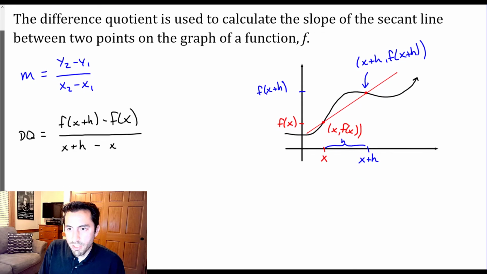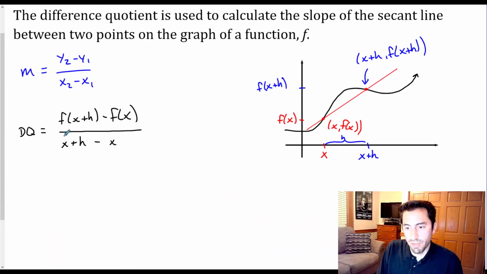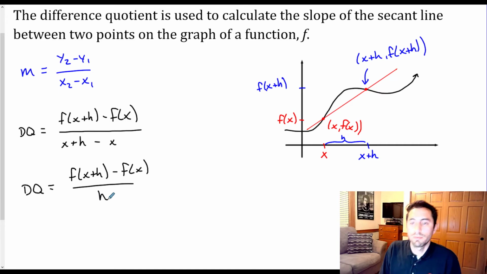And we can actually do a little simplifying. So in the denominator, we have x, and we have a negative x. So our difference quotient is defined by the expression f of x plus h minus f of x divided by h. And now this allows us to find the slope of a secant line on a curve.